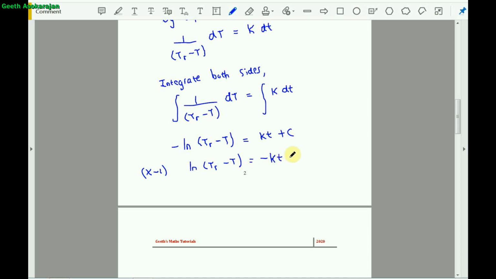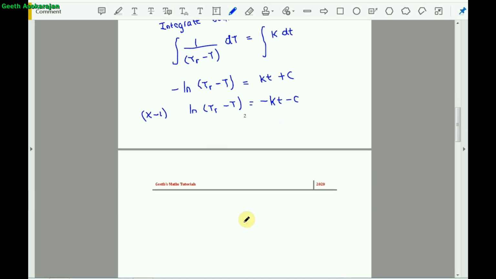So I multiply the right hand side by -1, so you get -1 times Kt minus C. And let me rearrange this. So in this case, let's rewrite in the form TR minus capital T. So TR minus capital T then will be e to the power minus Kt minus C.